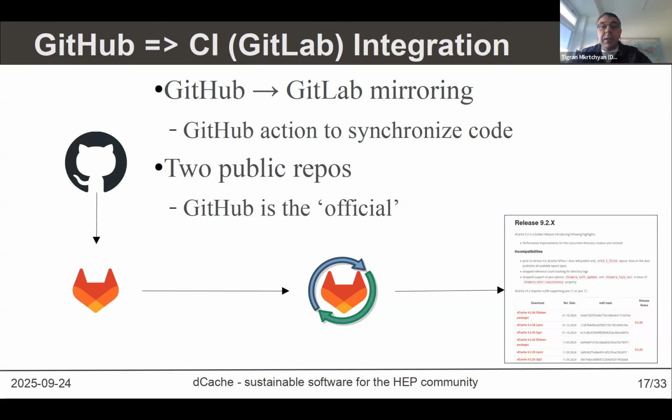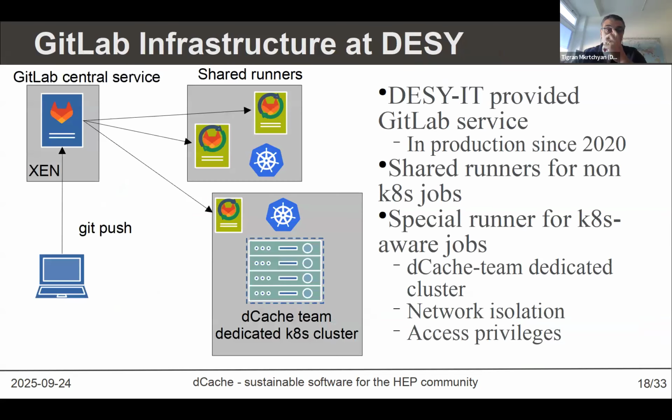We use the DESY GitLab system as our CI, which means on each commit, we mirror whatever goes into GitHub to our GitLab server at DESY. Our CI infrastructure at DESY is based on Kubernetes. We use two Kubernetes clusters. One is using shared runners.